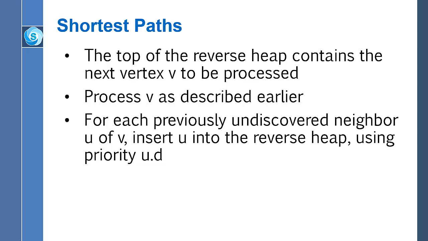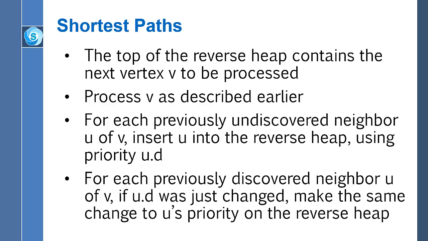Every newly discovered vertex U has to be put onto the heap using U dot d as its priority, right? Using the new value of U dot d. The value of U dot d was infinity, but we changed it to a finite number, and then we put it onto the heap using that U dot d as the priority. Okay?